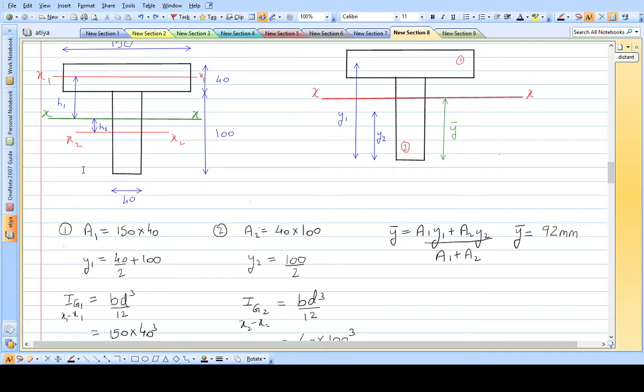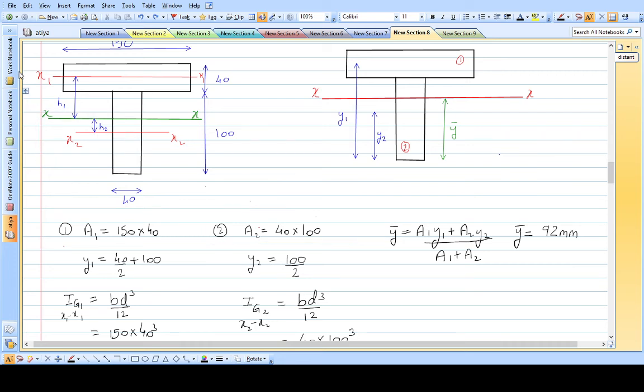Okay, so that will be h1. Then the distance between the two parallel axes, that is the xx axis and x2 axis, will be calculated by y2 minus y bar. That will be h2.